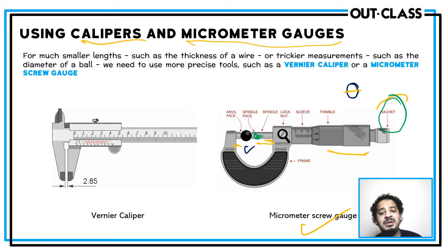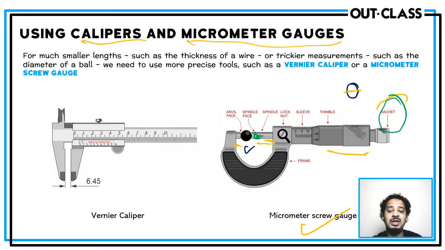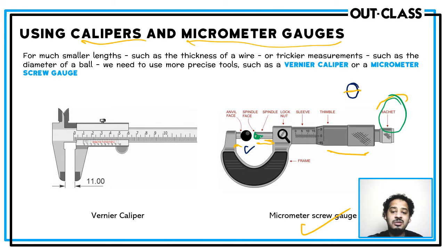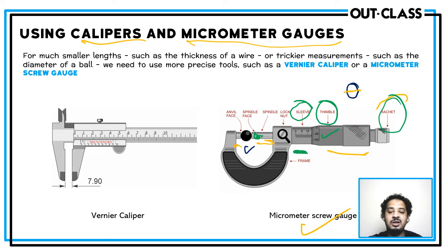Once you've done this, with these kinds of instruments, you have two readings you need to take. You need to take a reading of what is usually called the main scale. You can see over here, it's called the sleeve. This is one reading you take, and then there is a second reading you take. You can see that over here, you have this thing too.